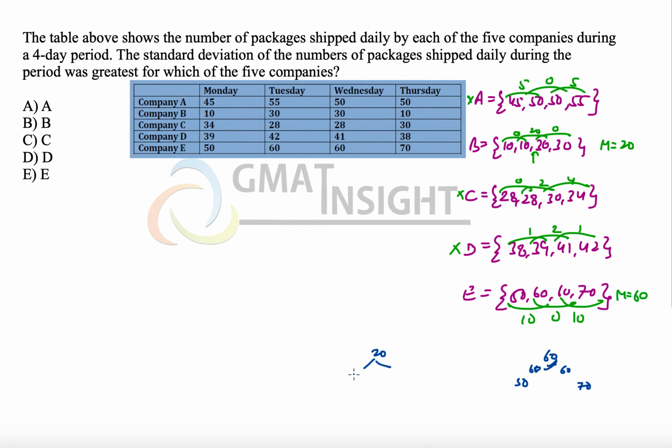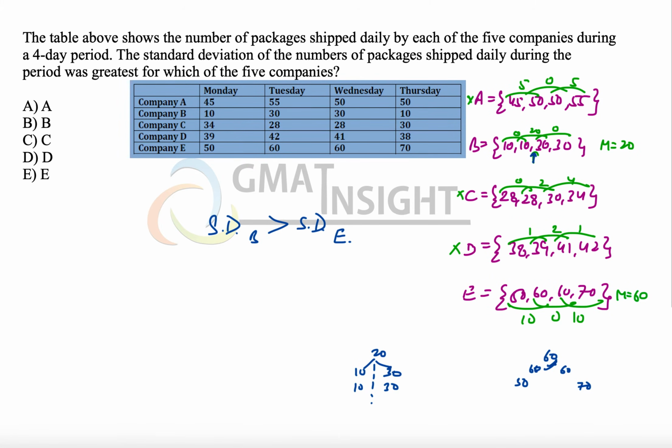The two adjacent values have the separation of 10 from the mean because the values are 10 and 30, and the other two values are also 10 and 30. So here the values are placed at the extremes, and therefore the separation from the mean will be far greater than the separation from mean in case of E. Therefore the standard deviation of set B must definitely be greater than the standard deviation of set E.